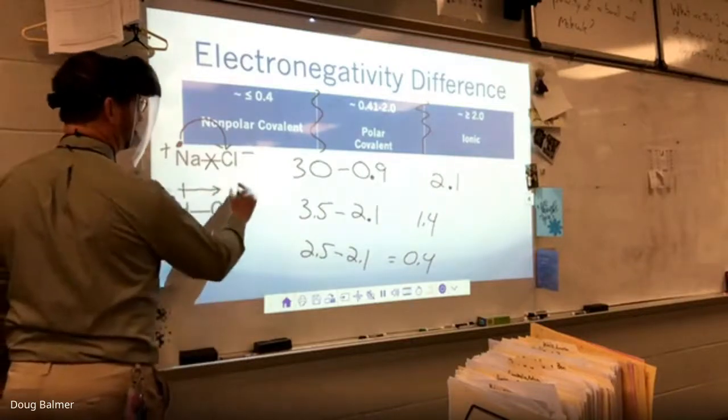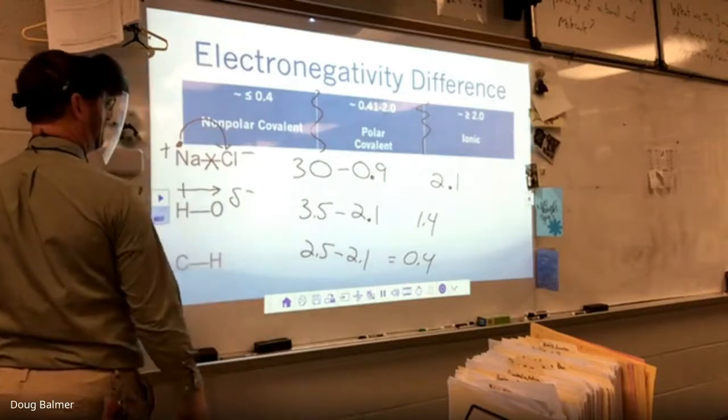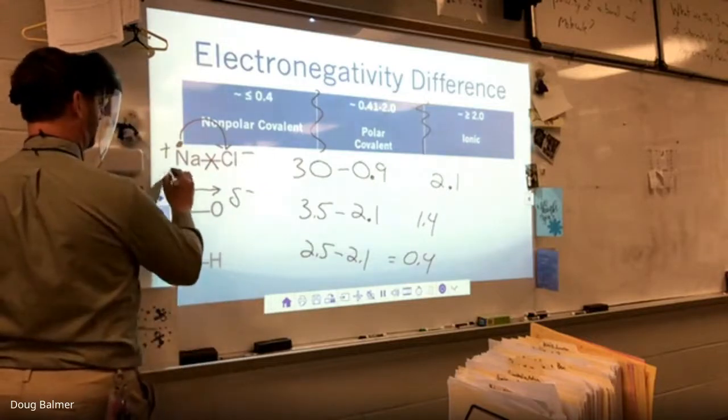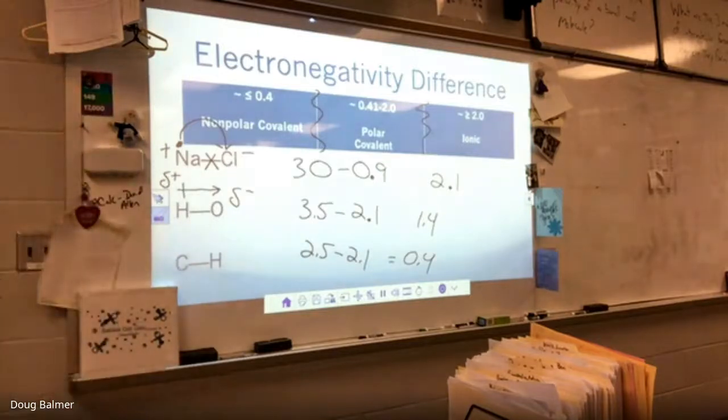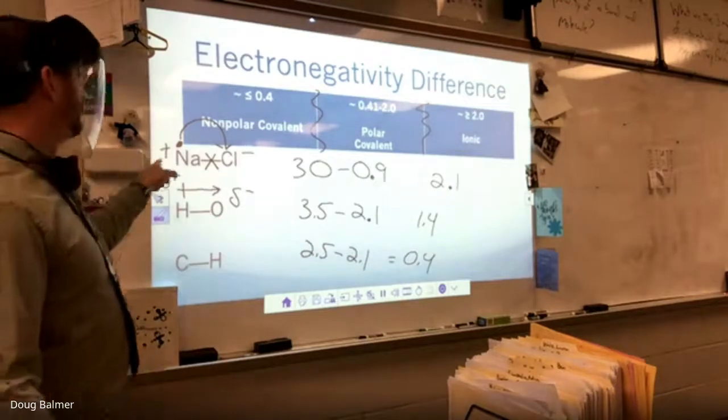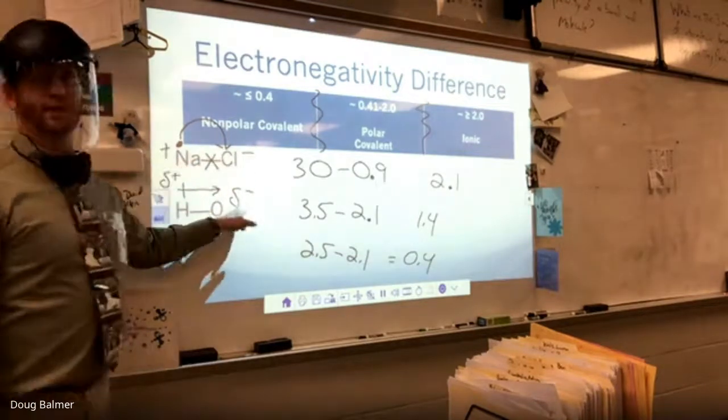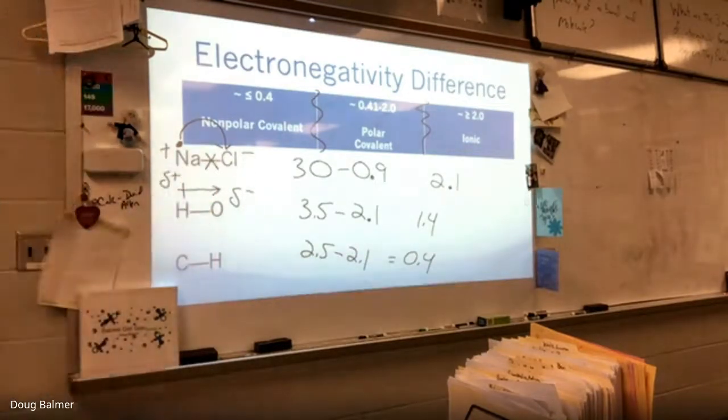Sometimes people write that this is the partially negative end of the molecule, and this is the partially positive end of the molecule. That's just the Greek letter delta. It's not a full positive and negative like we have up here, but it's a partial negative and a partial positive. That's what polarity means. You have a two-ended molecule. Part of the molecule is negative, part of the molecule is positive. Why would we not draw a dipole for CH?